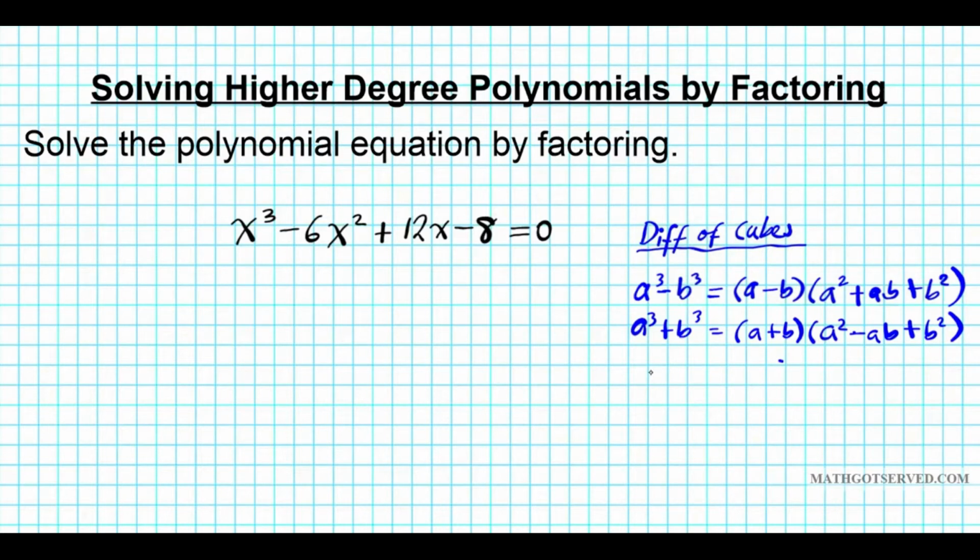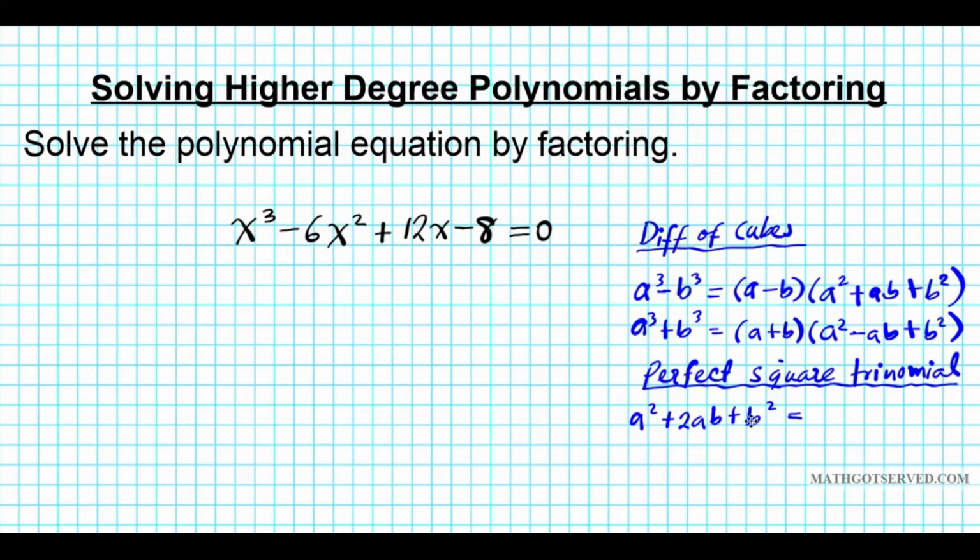And then also, you have to remember the factorization trick for perfect square trinomials. There is a shortcut for factoring perfect square trinomials. So let's say we have a perfect square trinomial, a squared plus 2ab plus b squared.